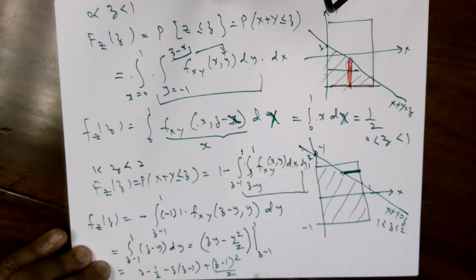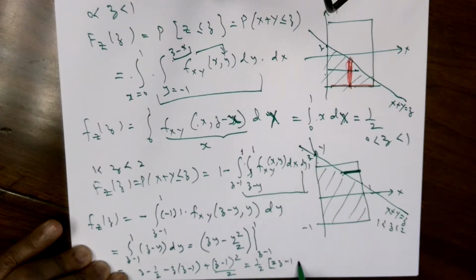And if you pull out half and simplify, this turns out to be half (2z minus 1) from here. Then I have z minus 1 here, so I'm going to pull out minus (z minus 1) outside.